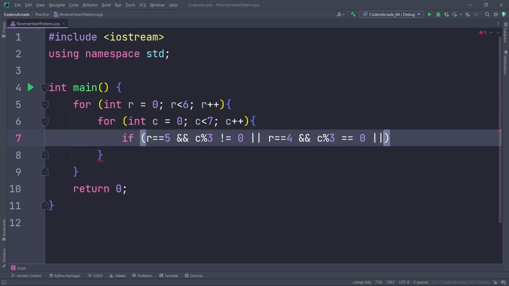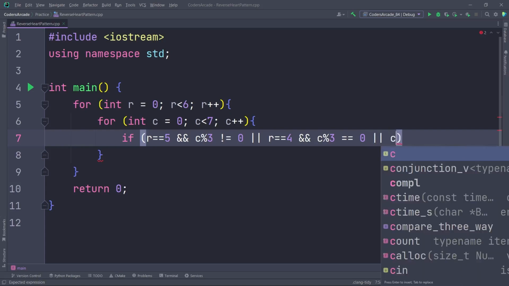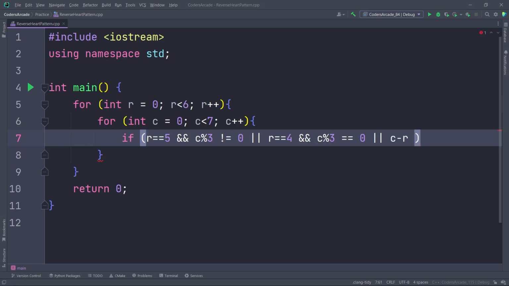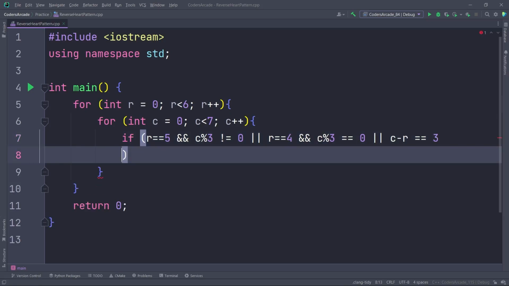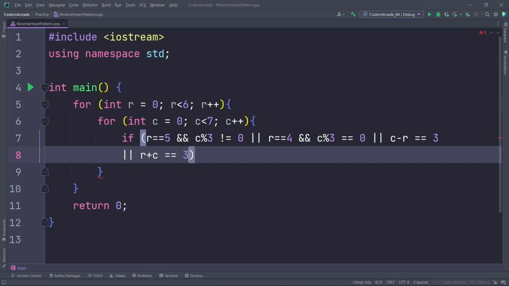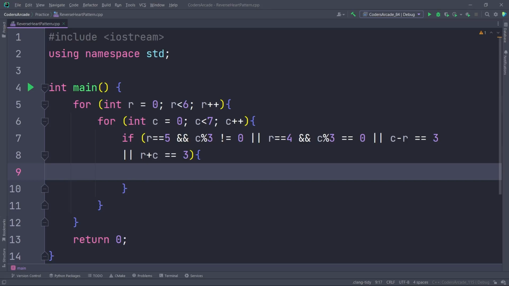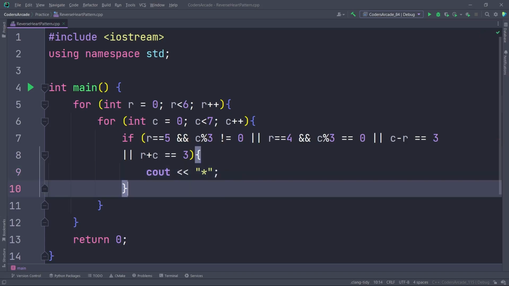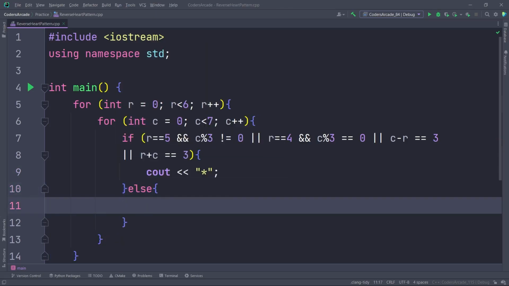The third condition was c minus r equal 3, and the fourth condition was r plus c equal 3. On all these conditions, if they are true, then we will just print a star. Otherwise, in the else block, we will print an empty space because we had to skip that cell.